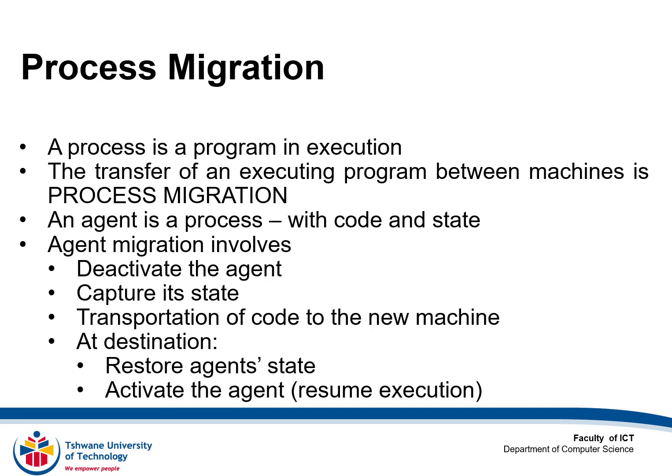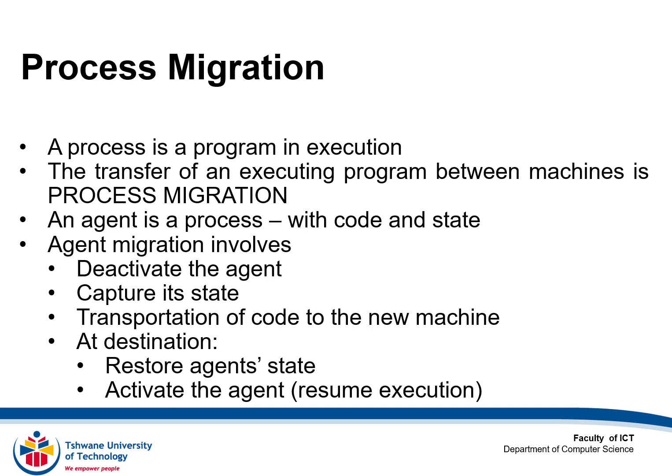If it was not executing, then it is not necessarily process migration, it's just agent migration. An agent itself is a process with code and state. So obviously, as you code agents, they'll have code, which is what you do, coding the agent, and then a particular state that the agent will be in if it's in execution.